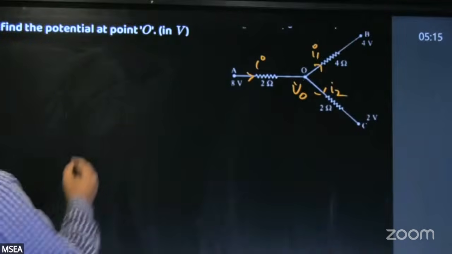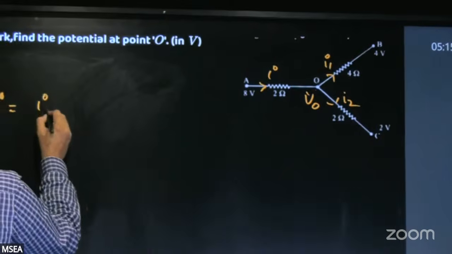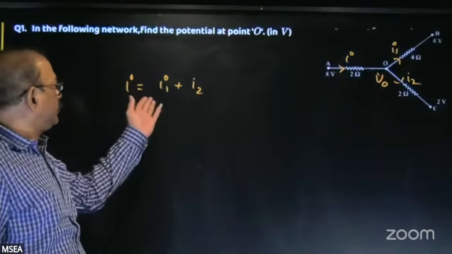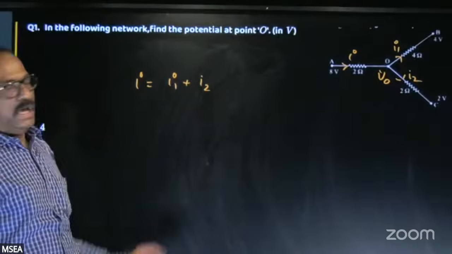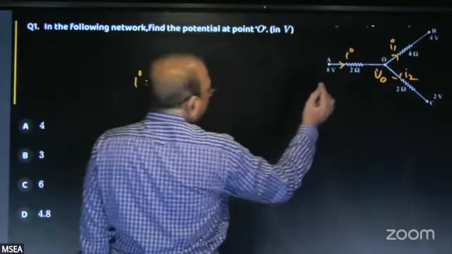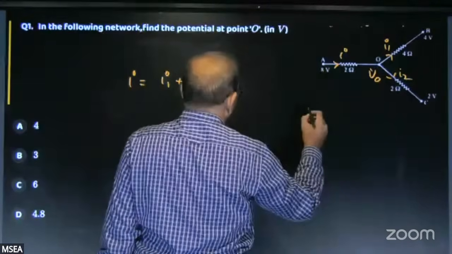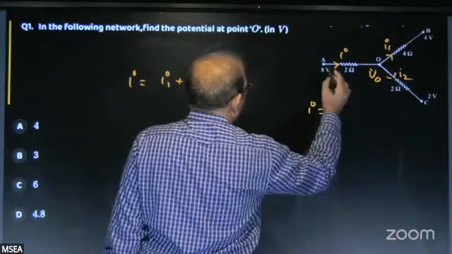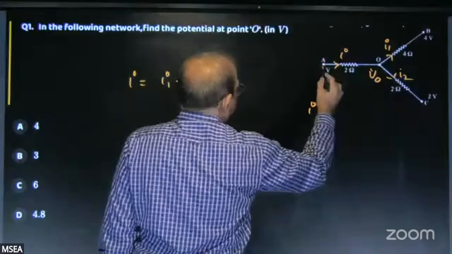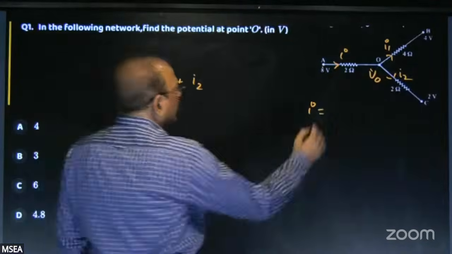Then according to Kirchhoff's junction law, I = I1 + I2. Now comes Ohm's law. The current flowing between A and O must be equal to the potential difference between A and O divided by the resistance between A and O.